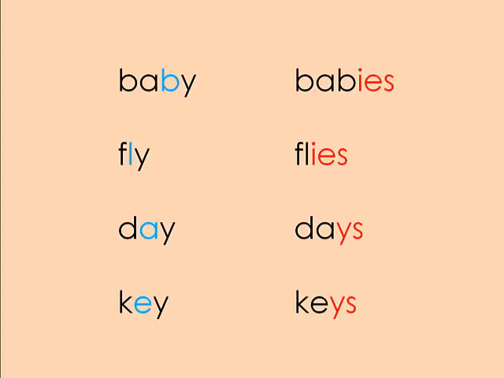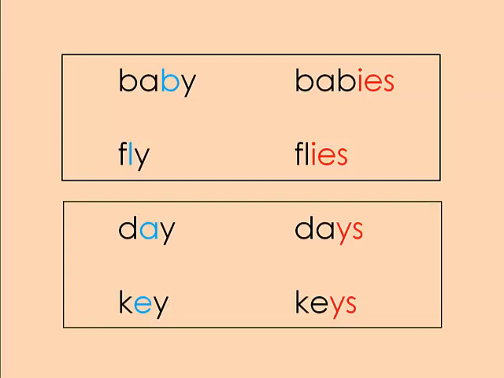E is not a consonant, it's a vowel, so we just add S. If the last two letters are a consonant and a Y, IES for the plural. If the last two letters are a vowel and a Y, we just add S.